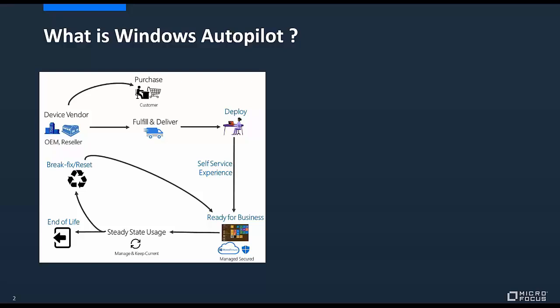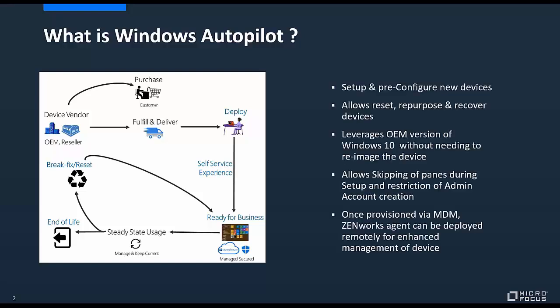During the setup process itself, these devices get provisioned and are enrolled via MDM into ZENworks. Once enrolled, the ZENworks agent and other applications can be automatically deployed to such devices, thus ensuring a seamless and automated provisioning and management workflow. So let's dive in and see how simple this process can be.